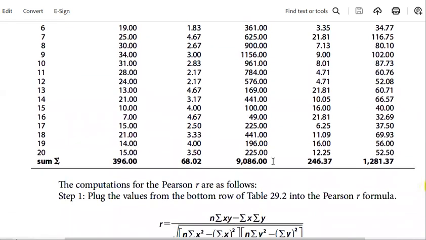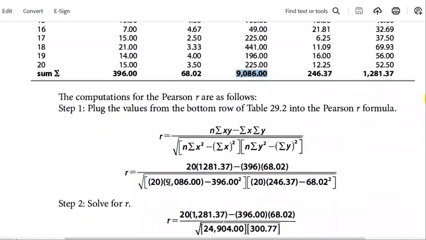So that would be 9,086. And as you can see, that's entered here. The sum of x squared minus the sum of x in parentheses and then squared. So that would be minus the sum of stress, 396, and then squared. And then we'll do the same thing for y.